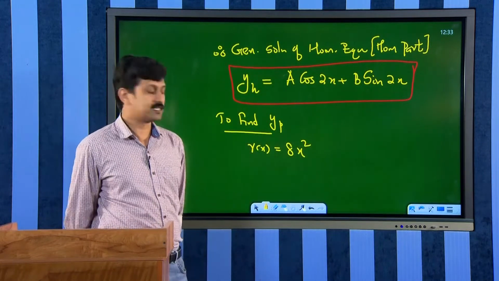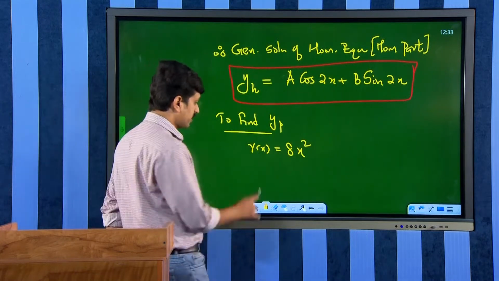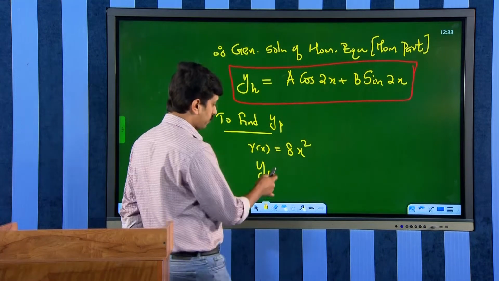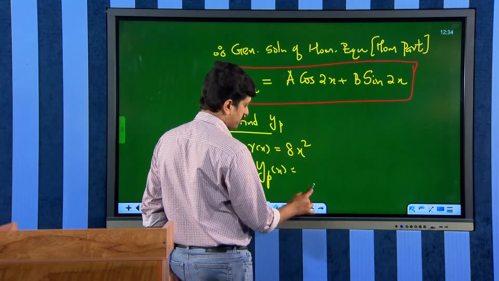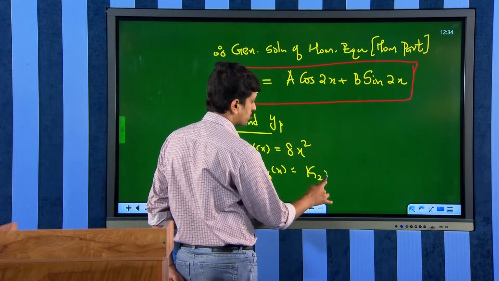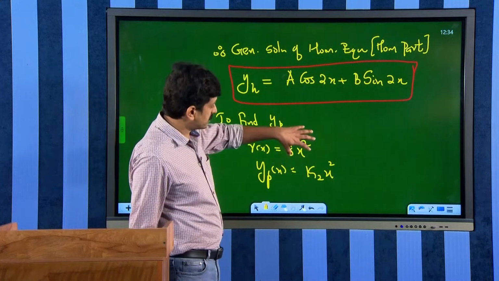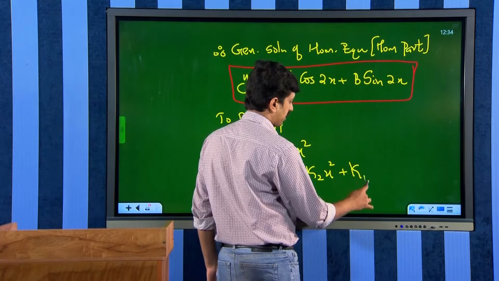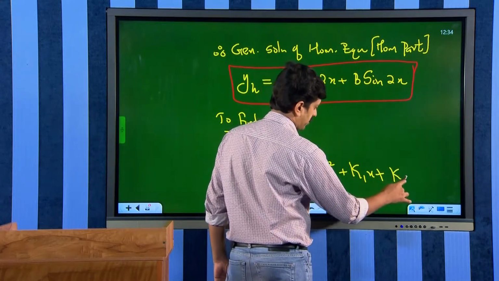Because it is a polynomial, we have a choice of yp as an nth degree polynomial. Therefore, yp is k2 x square plus k1 x plus k0, as this is a second degree polynomial and the highest power is 2.